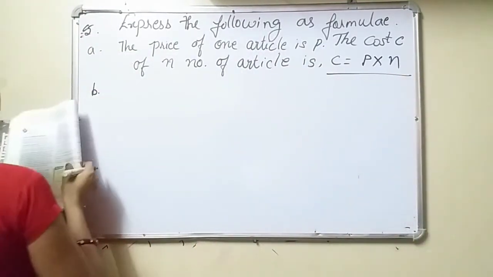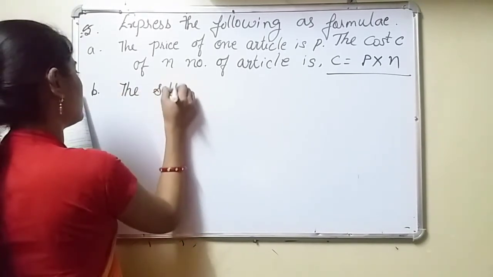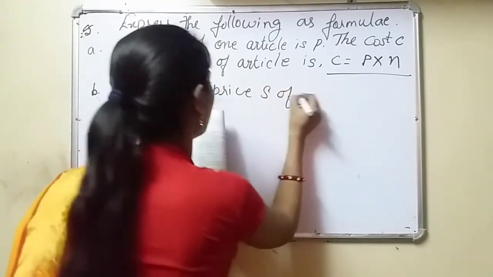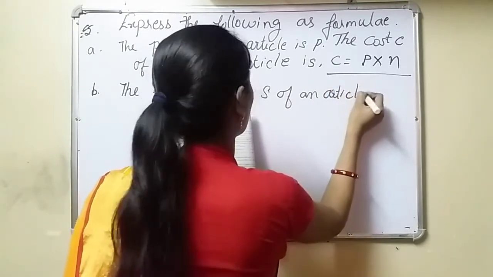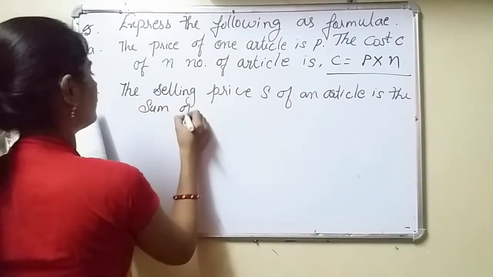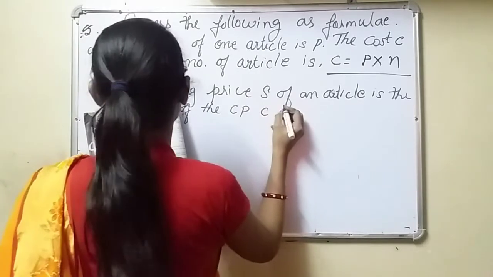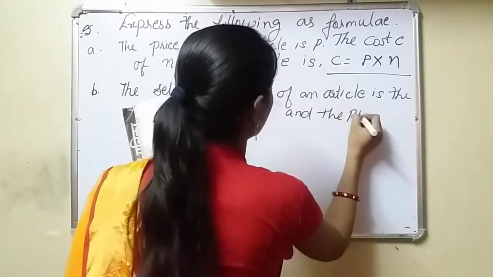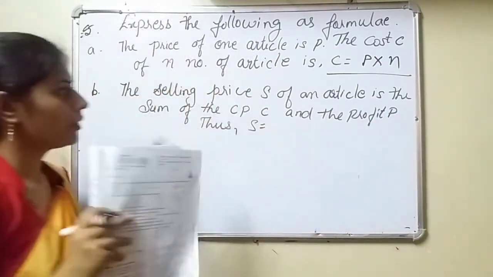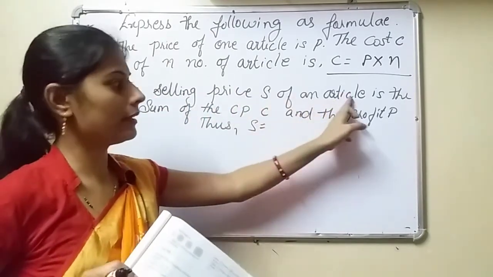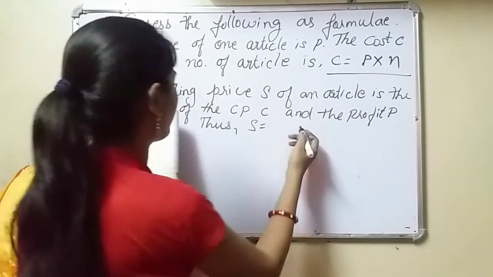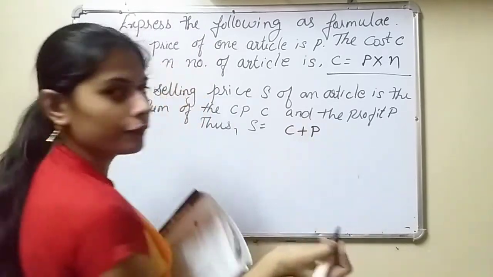Now see question number B. The selling price S of an article is the sum of the cost price C and the profit P. Thus S is equal to, what they have asked, the selling price S of an article is the sum of the cost price C and the profit P. Thus selling price is equal to cost price plus profit.